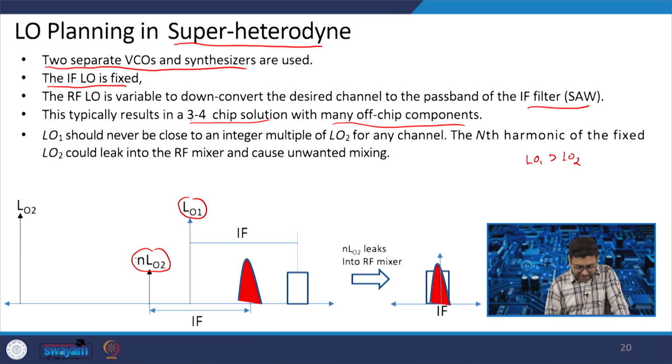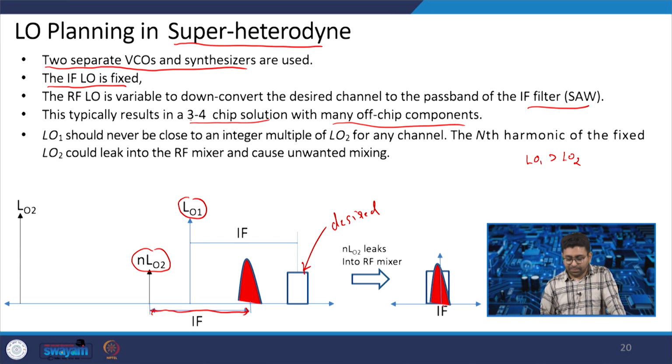So, if we consider n times LO2, and there is some unwanted signal at a higher frequency, and this is the desired signal, and then this is the n multiple of LO2. Now, because of the n multiple of LO2, if some image is at the same higher frequency, then it will also be down converted to the baseband.